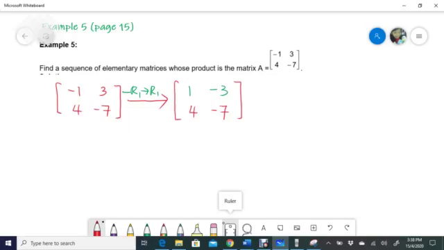Now let us look into the second row. How do we get the 4 here to become 0? You need row 2 minus this row times 4, because 4 minus 4 is 0.